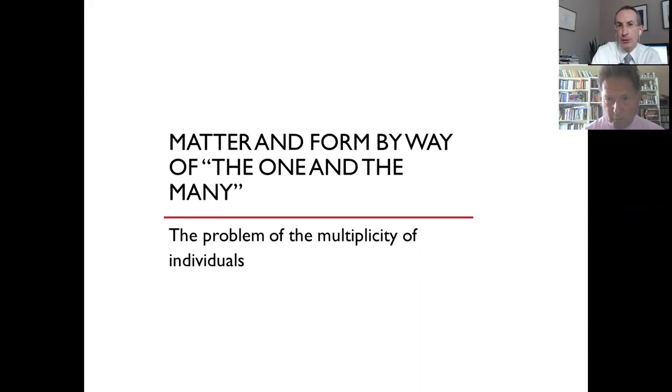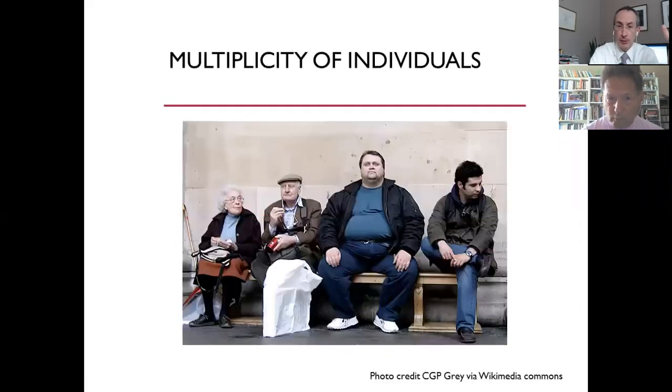We're going to get to the principles of matter and form by way of the question that is sometimes labeled as the problem of the one and the many, or the problem of the multiplicity of individuals. And that of course is an ancient problem. It brings to mind Platonic philosophy, but the question is, look, here we are, a multiplicity of individuals, each one really distinct, yet at the same time the same, because I'm distinct from you, but we're also the same.